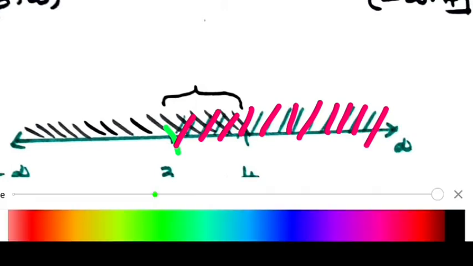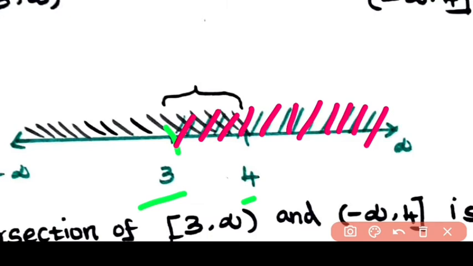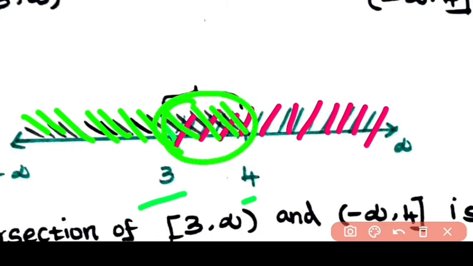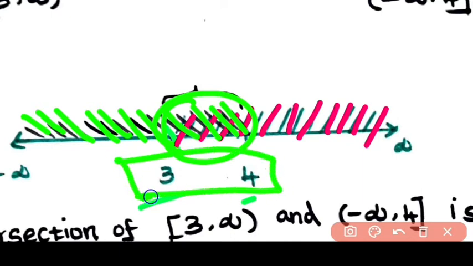The intersecting area is the required solution. Both solutions coincide in this area, therefore this is the solution, 3 to 4.